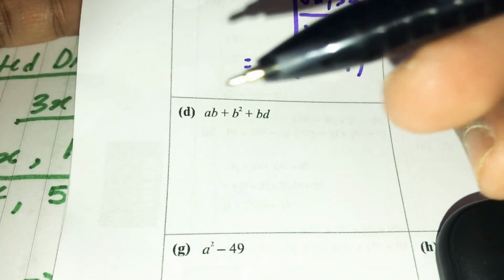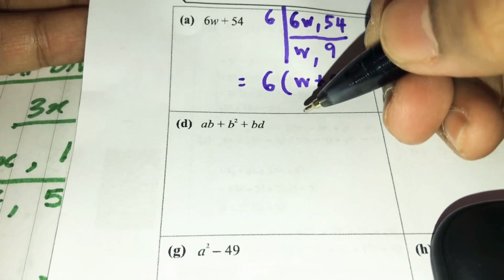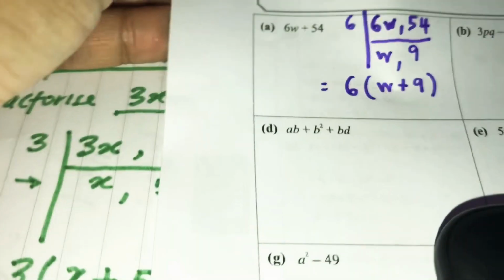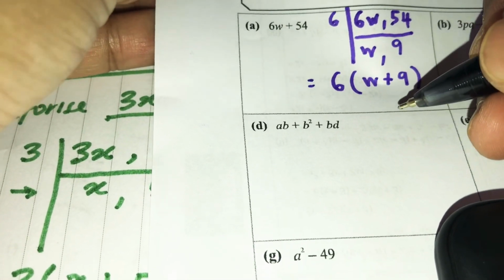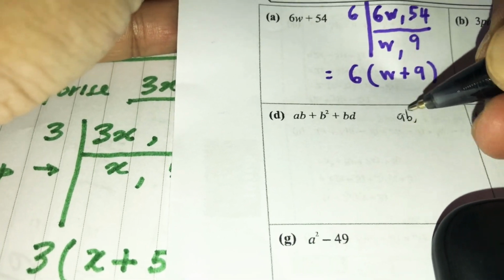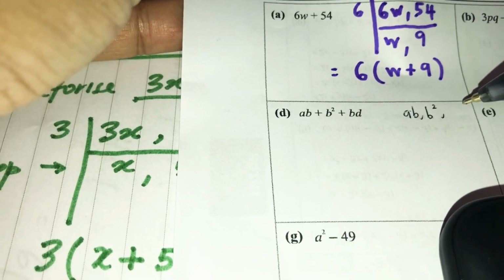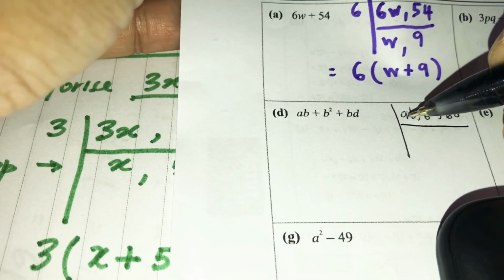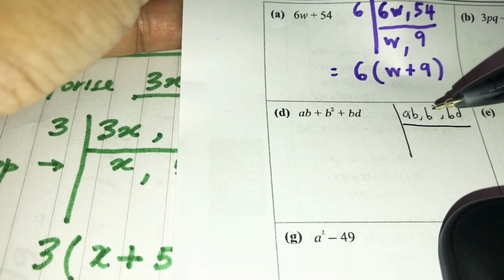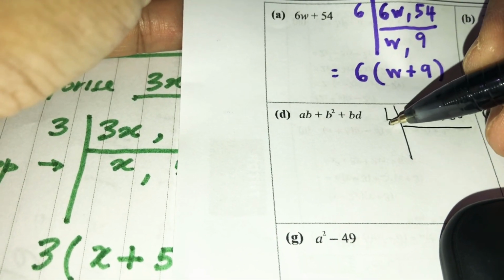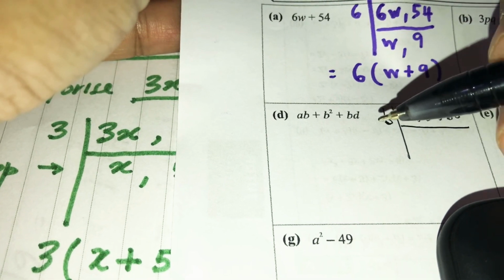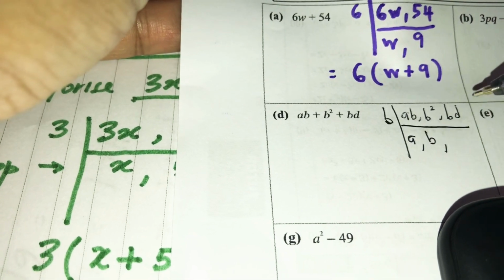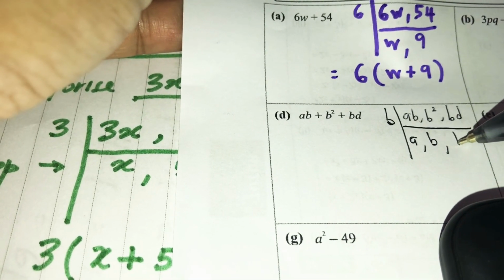Now involving 3 values or 3 terms. The method is the same as for 2 terms. You copy the terms ab, b square, and bd, and then find the common factor. This one has no a, so you cannot choose a, you can write b here. ab divide b, you get a. b square divide b, b only. bd divide b, become d only.